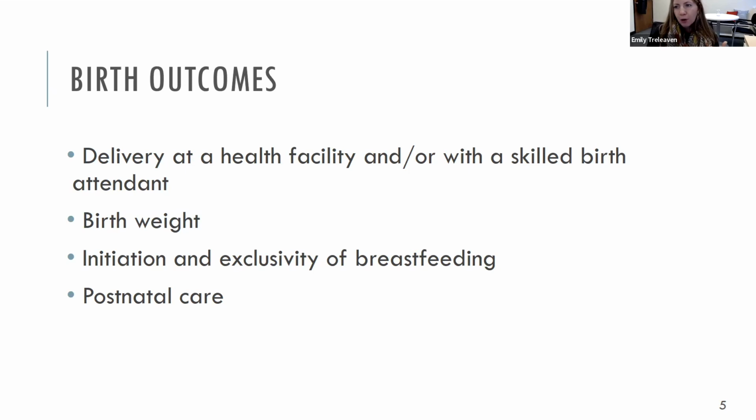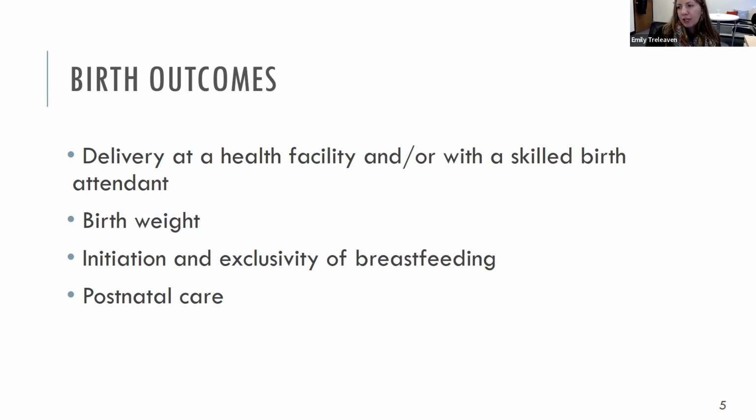Obviously, children that are born with skilled birth attendants in health facilities are most likely to receive quality interventions if anything goes wrong. We're also interested in measuring birth weight and identifying children that are low, very low, or extremely low birth weight who might potentially need interventions and more support in the first weeks of life.